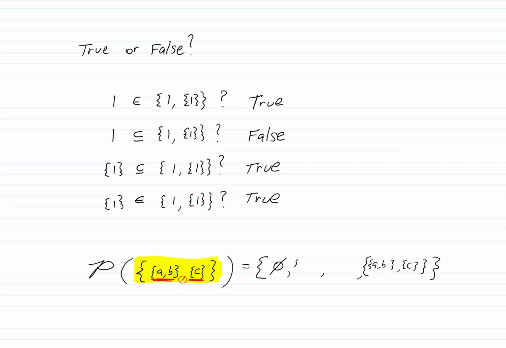How about the set consisting of the first element, which is the set consisting of A and B? And how about the set consisting of the second element, which is the set containing C? So that's kind of a harder question.